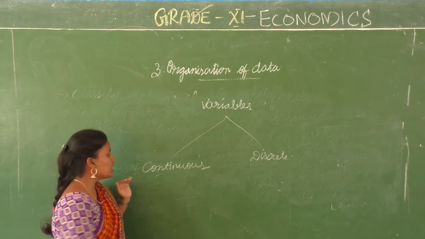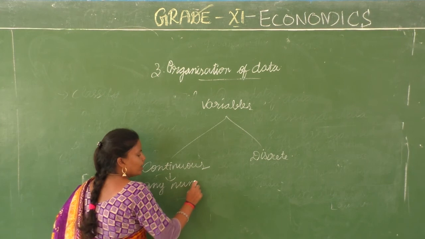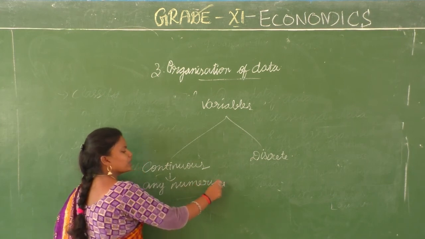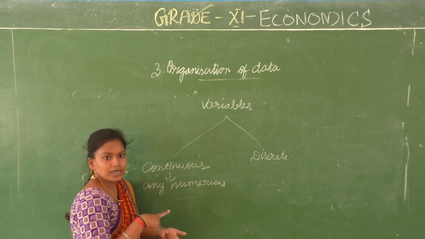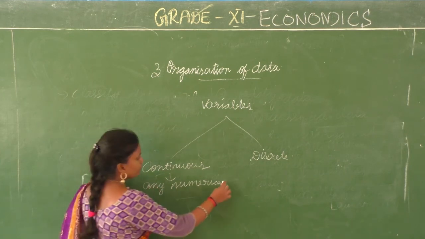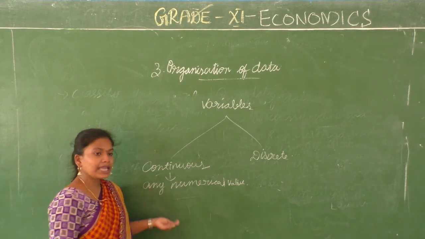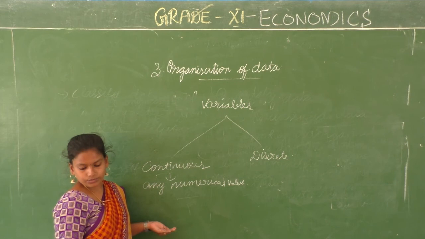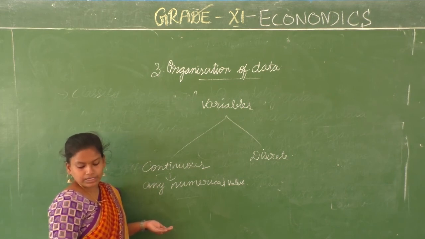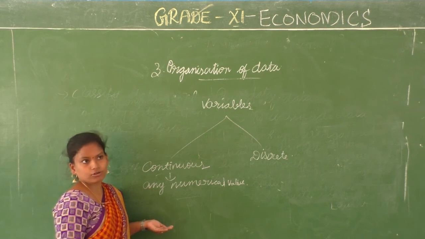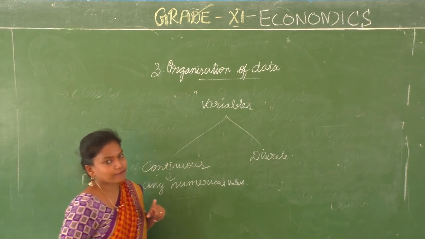A continuous variable can be like anything. It can take any numerical value. Any numerical value means it can be in decimal, in fraction, in integers, or a minus value. Right? What is the example given when you talk about the height of a particular student? Don't forget the question that I have given you, children.